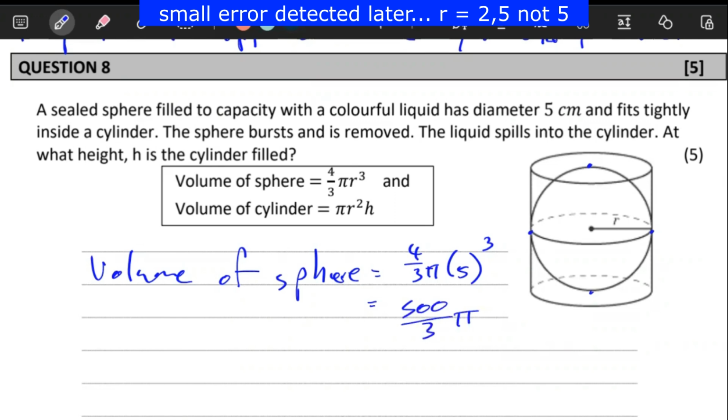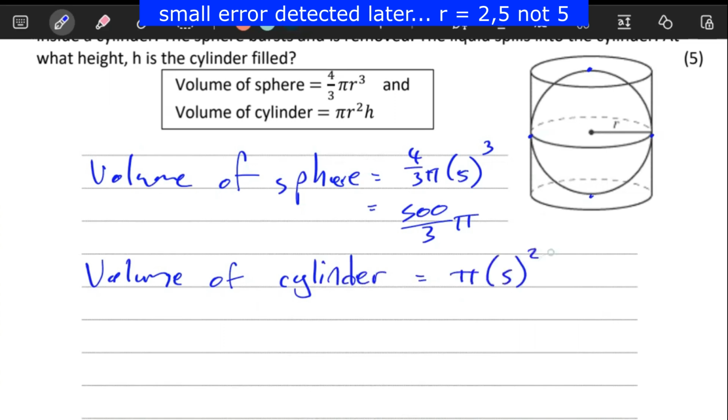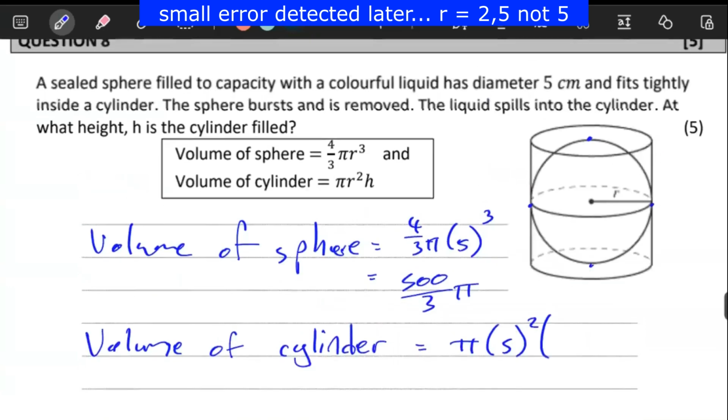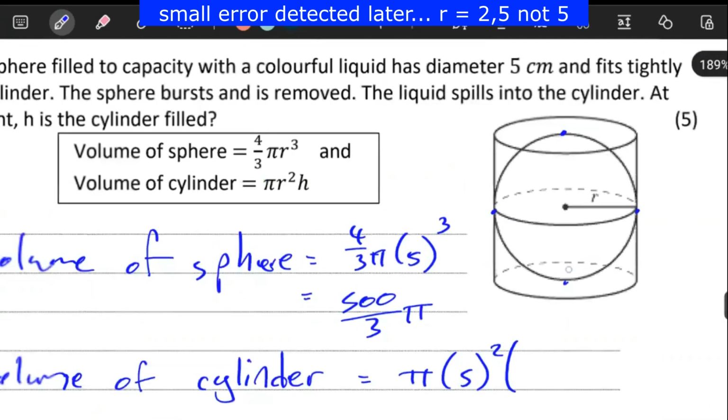Now the cylinder, the volume of the cylinder is going to be pi radius squared times the height. The height of the cylinder is going to be double the radius, because you see the radius going up and then the radius again.